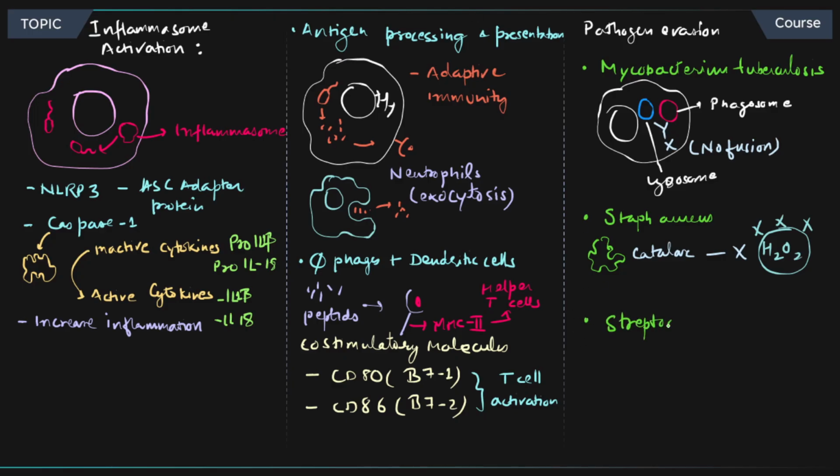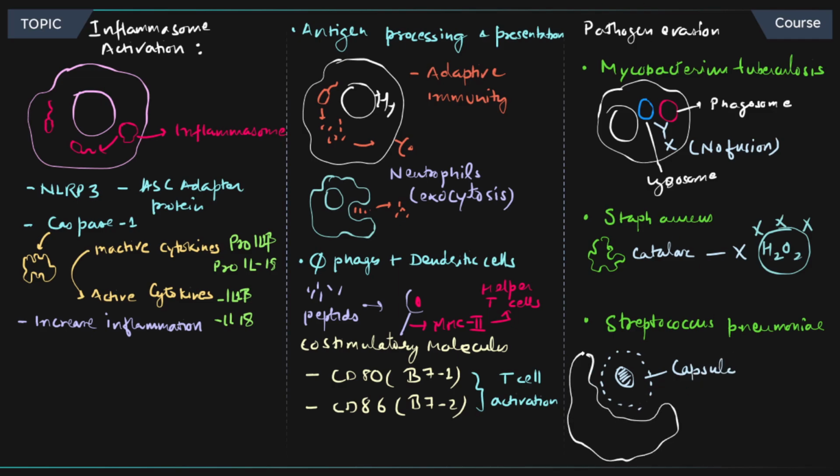Next is Streptococcus pneumoniae. Very, very clever approach where this bacteria produces the outer covering, which is called capsule. This is the capsule. Because of the capsule, the phagocytic cells are not going to eat the bacteria, right? They are unable to eat the bacteria. So no phagocytosis is going to take place in this case.